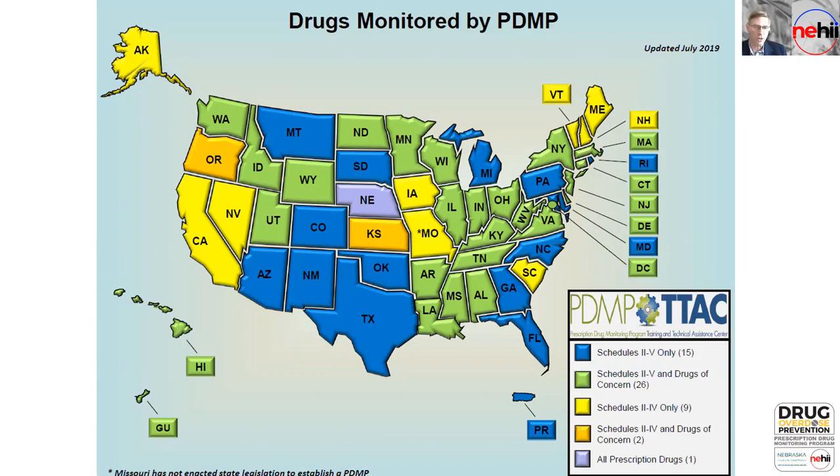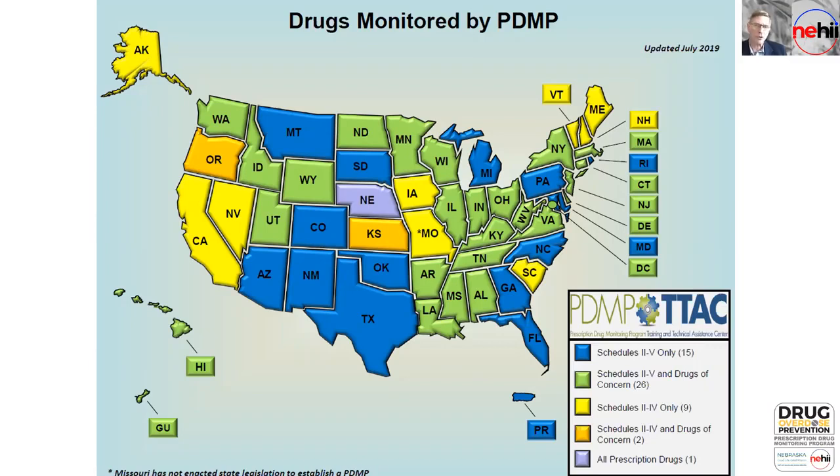Several years ago, before tramadol was considered a DEA schedule by the federal government, it was not thought to be highly abused, although reports came out to say the opposite. So eventually those states, even before the federal DEA scheduled it, labeled that as a drug of concern, and they were able to monitor that.